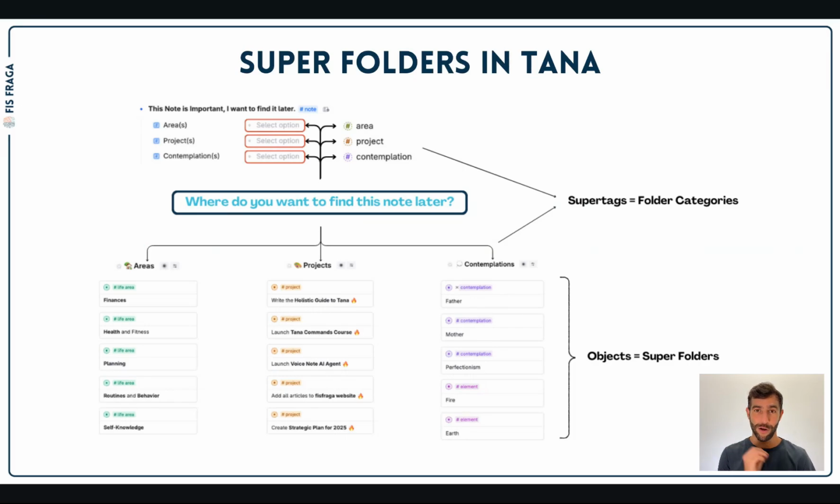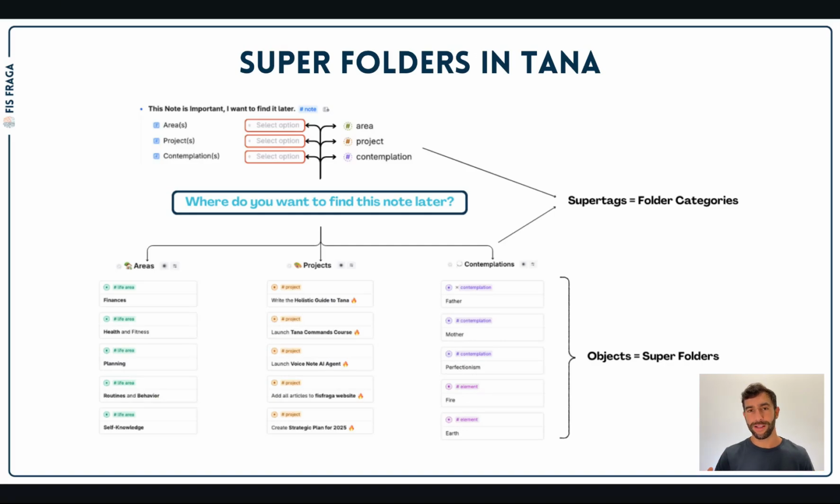Every note, and in this case specifically every voice note, comes with fields. These fields allow you to save this voice note to a specific location. And here's the question that guides everything: where do you want to find this note later?